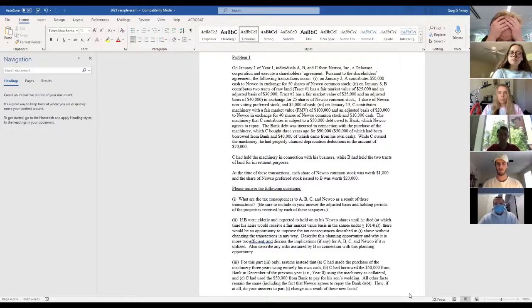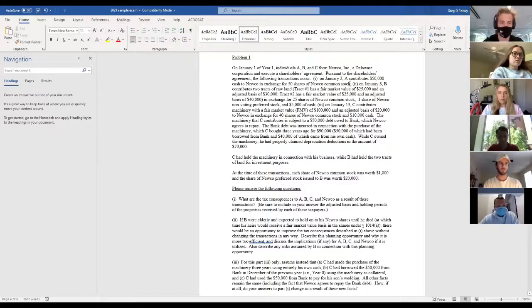A, B, and C are all property transferors, and so they have 100% control of the company. So this is a good 351 transaction. And once we conclude that, then we can go shareholder by shareholder.